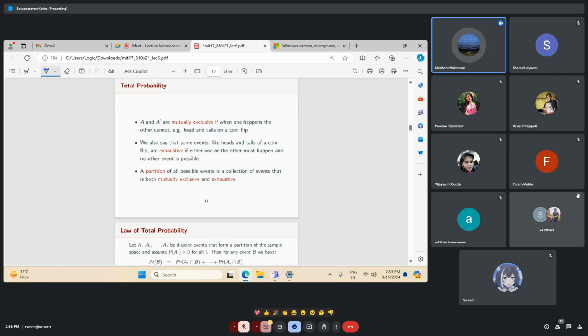Because if we flip a coin and tail comes, then the head is face down. Correct? So only one of these two will take place. So they are mutually exclusive. If it is A, then the other will become A dash. If this is taking place, this will not take place.